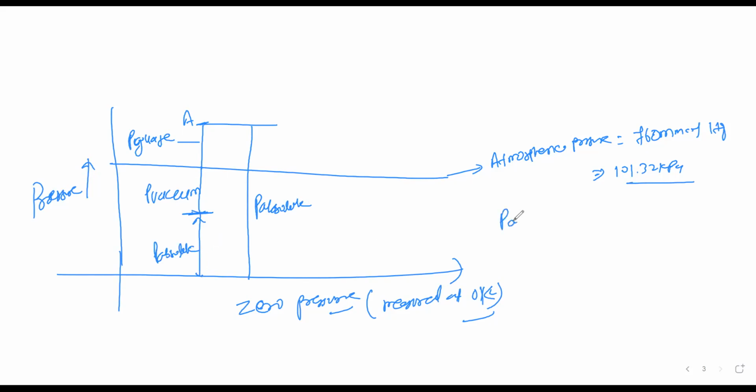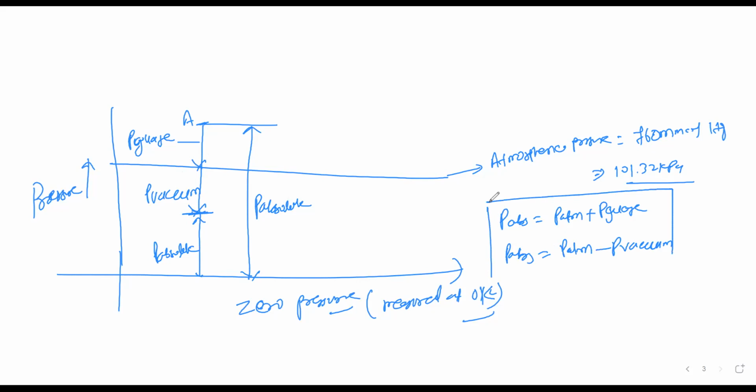We can write P absolute is P atmospheric plus P gauge, from here to here. And one more, P absolute will be P atmospheric minus P vacuum.